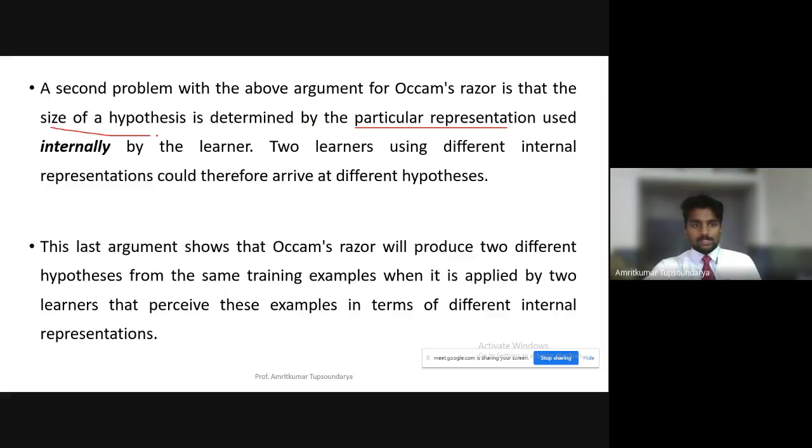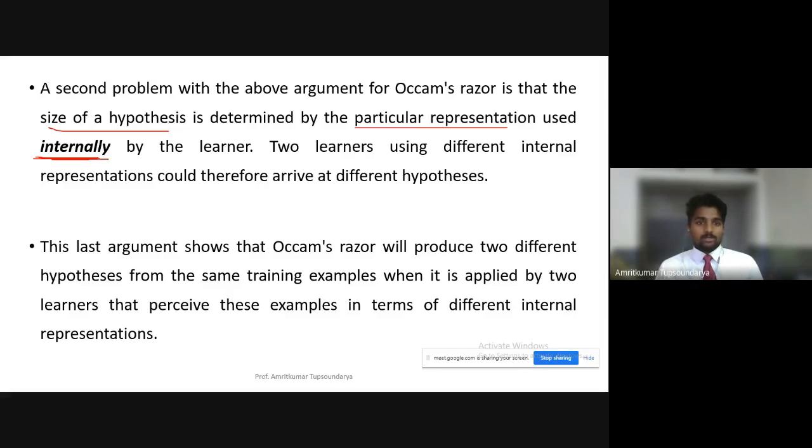The size of the hypothesis is determined by the particular representation which is used internally by the learner. The problem with this internal representation is that two different learners using different internal representations, since the representation is internal to each learner, could arrive at different hypotheses.